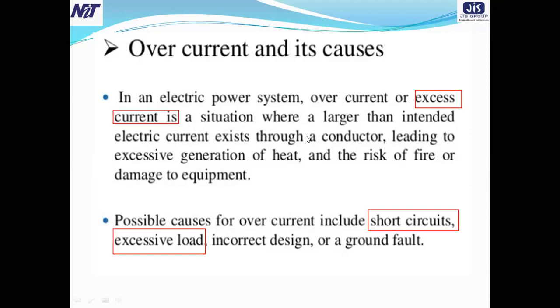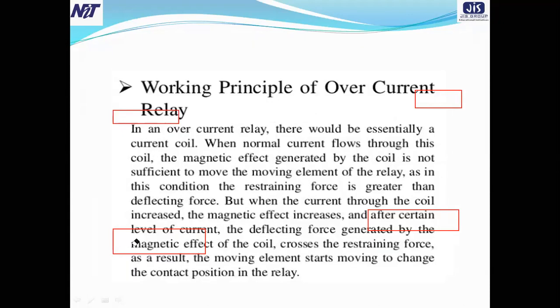Now, let me talk about the working principle of the overcurrent relay. The overcurrent relay helps us protect from the overcurrent.